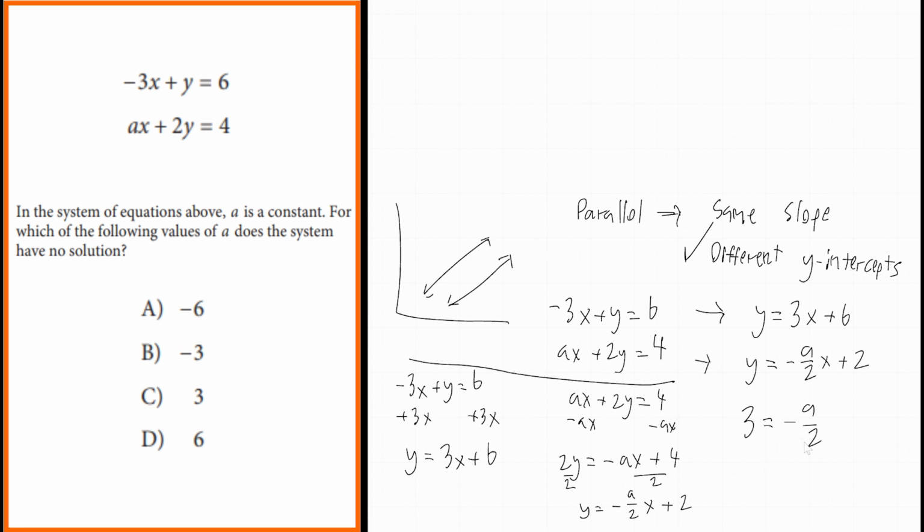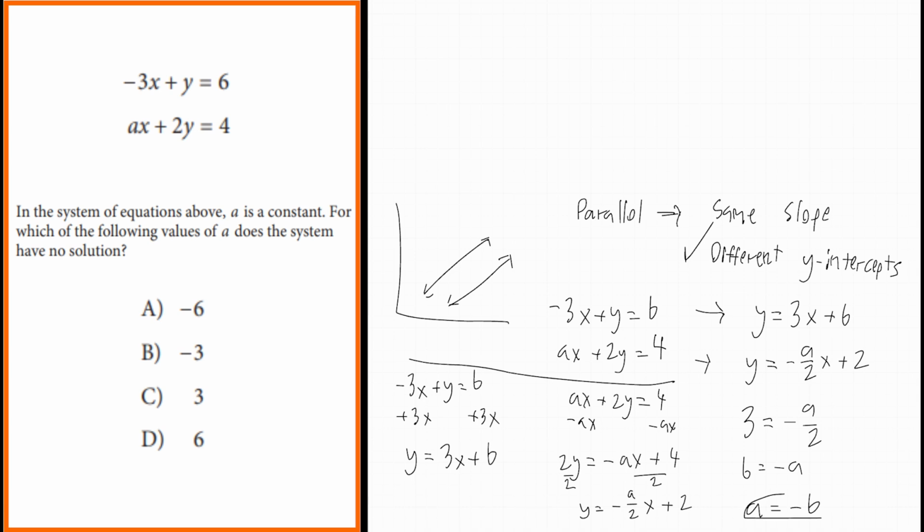So if we do that, we can multiply by 2 on both sides. We get 6 equals negative a. And then, of course, divide by negative 1, and we get a equals negative 6.